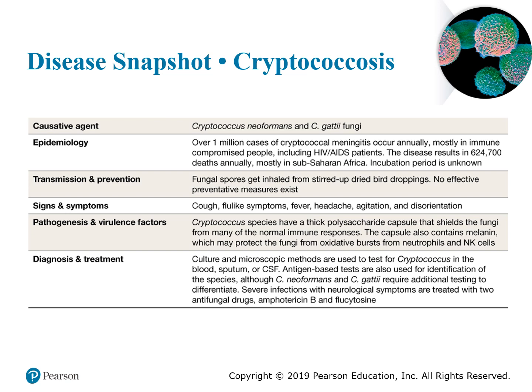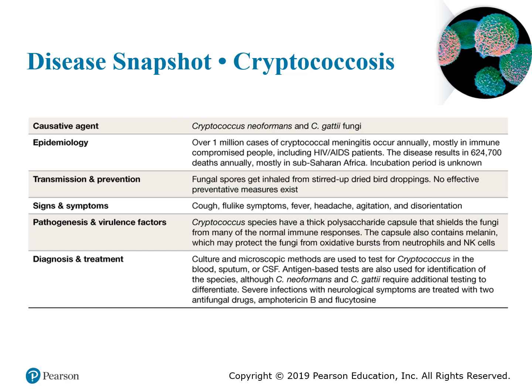So cryptococcus, again, it is a fungal infection with cryptococcus that can be found in bird droppings. It can lead to a cough, flu-like symptoms, fever, headache, agitation, disorientation.